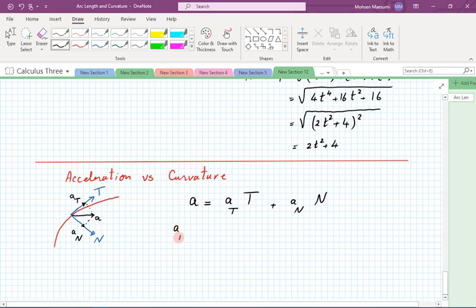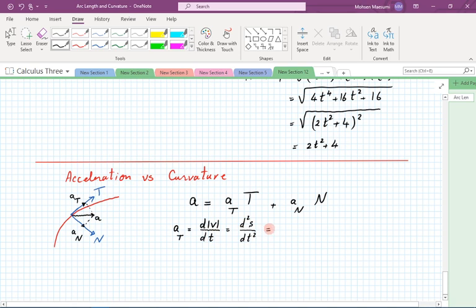A sub t has a simple derivation and formula. A sub t is how much your speed changes. So this is the absolute value of v. You have to calculate this speed and then take a derivative of that. Another style of doing this is to take a second derivative of your arc length with respect to your parameter.